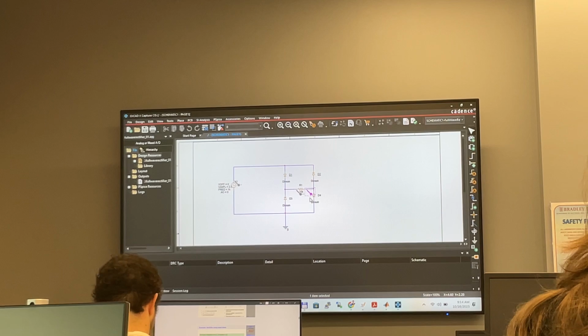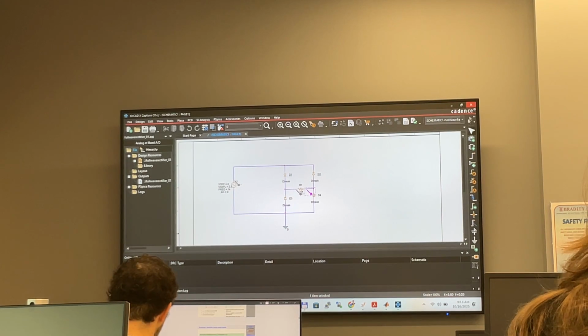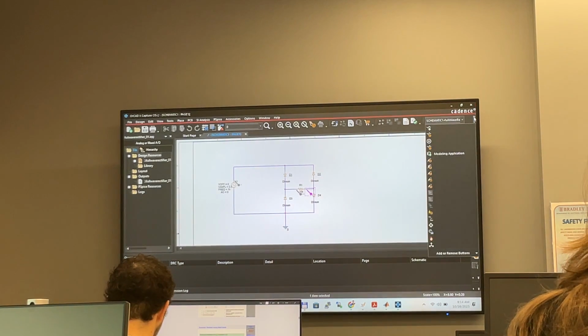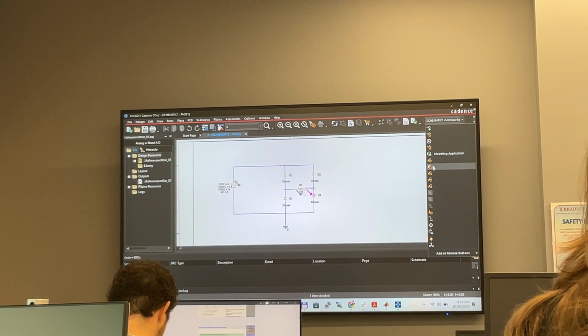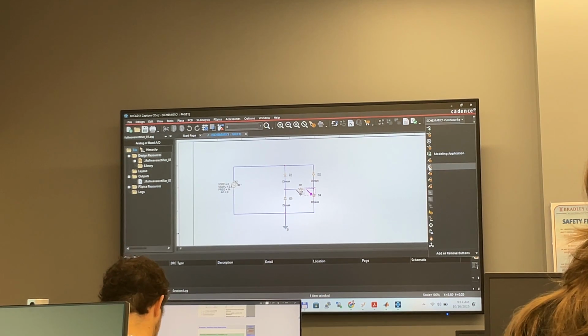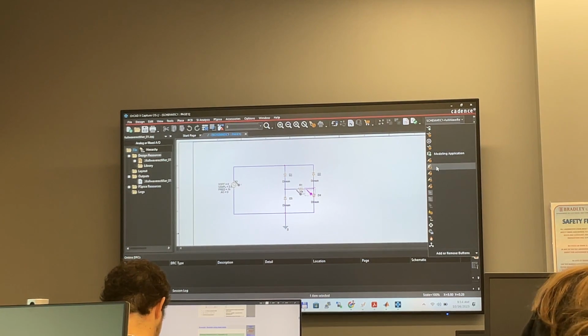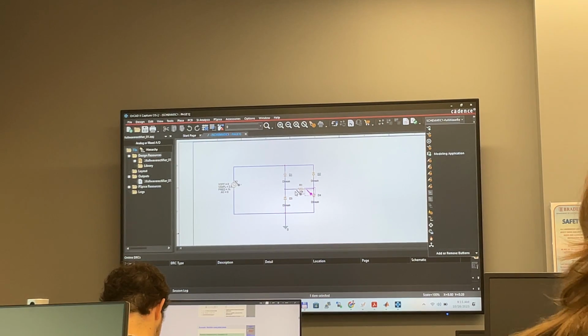a differential probe. So you can actually put 2 terminals right here. What PSPICE does is it gives you the difference between the voltage of this node and the voltage of this node. Okay?